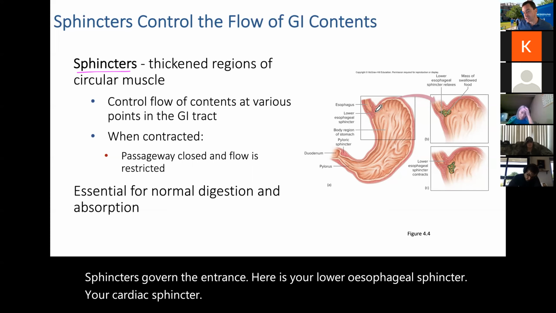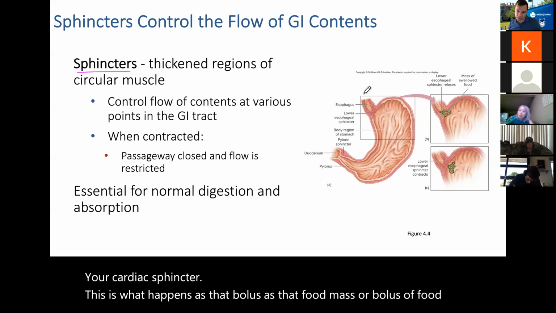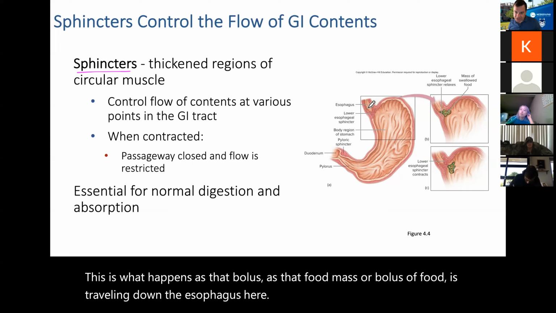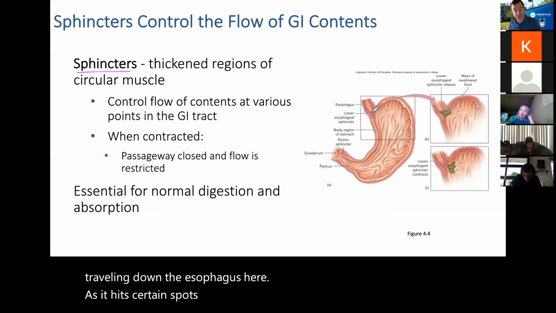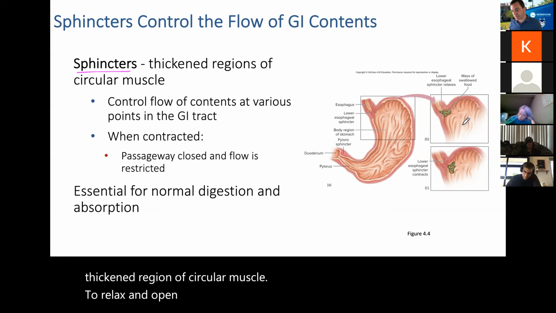As that bolus of food travels down the esophagus and hits certain spots, it causes this sphincter, this thickened region of circular muscle, to relax and open up.